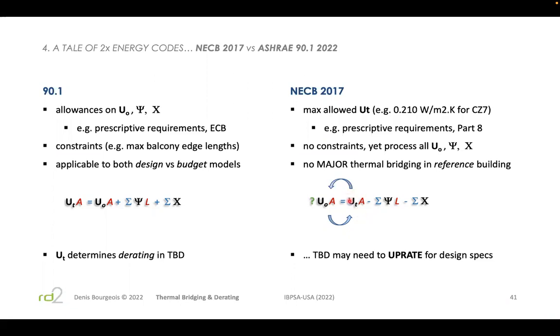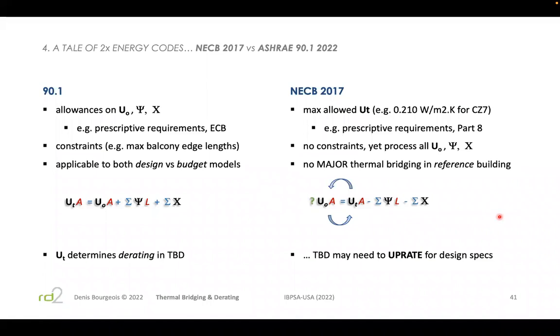So the code tells you need to have a UT of, let's say, 0.21, then you have your area, and then you have to subtract from that value the linear and point conductances in order to determine in advance, because that's what you're going to put in your building specs, what kind of U naught do I need? So if it's a 0.21 and I have to subtract a number of the effect in watt per K of thermal bridging, well, that value is going to be much, much lower than 0.21. If I say this in R values, if I need to have an R value of 27, I may need as a clear field assembly, something that's offering R40, R50, R60 and up.